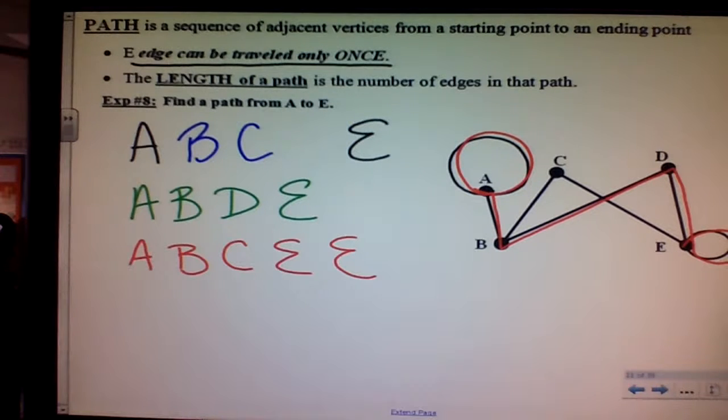So you do another loop. As long as you don't go over that line again, you can make as many lines as you want. Could you loop B and D?